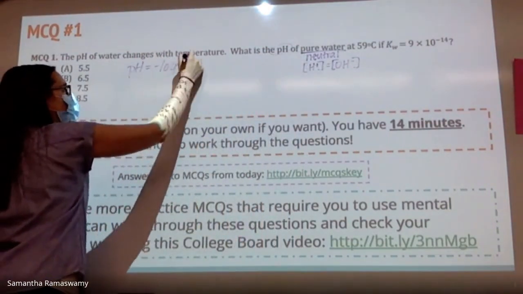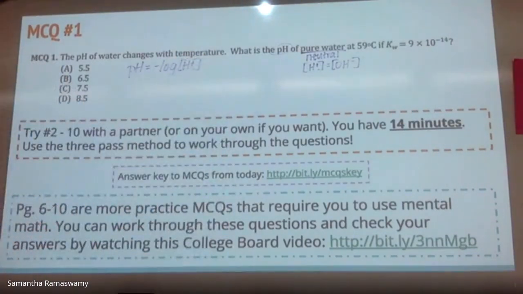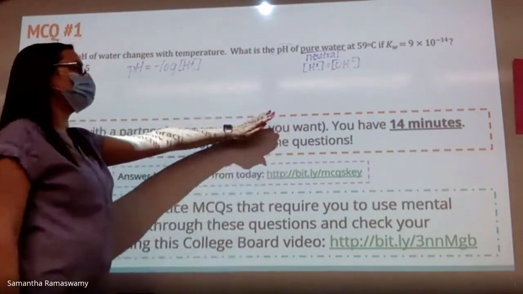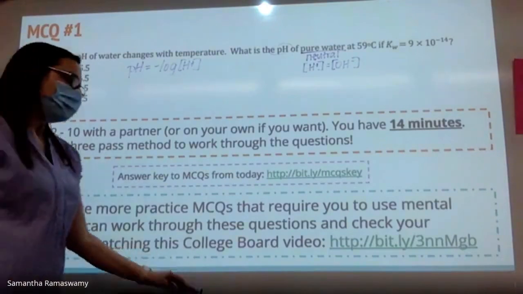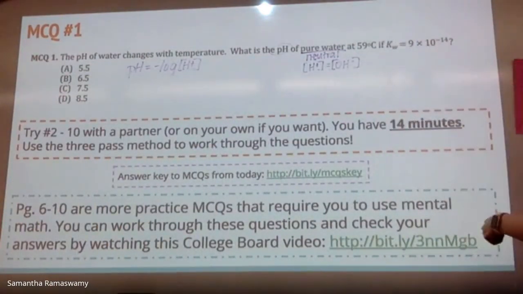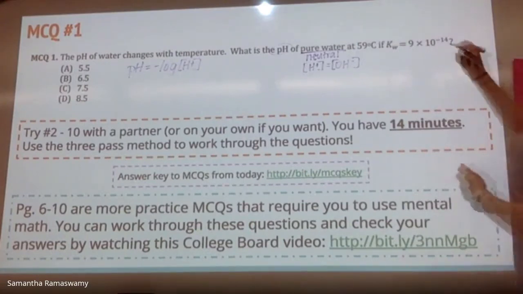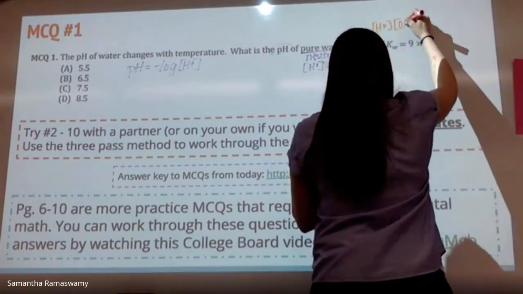If I'm finding the pH, that means I need the negative log of the H plus concentration. And so for this, we need to figure out first what the H plus concentration is at this temperature so that we can plug it into the pH. So we have to use this idea of Kw. Now remember, you have this on your equation sheet.